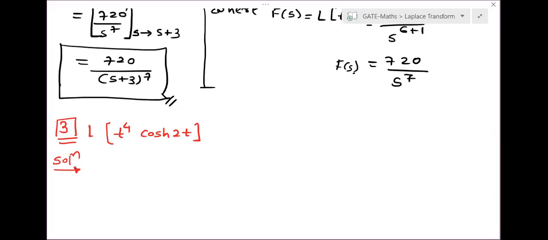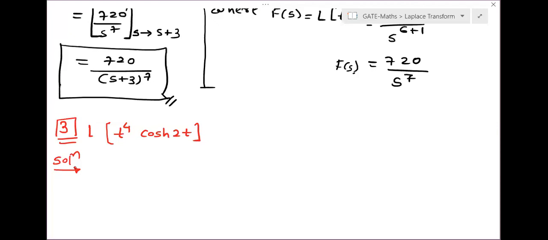Tell me. If you are using the multiplication by t property, then you have to find its differential 4 times, isn't it? You have to find its differential 4 times. Any other thing?